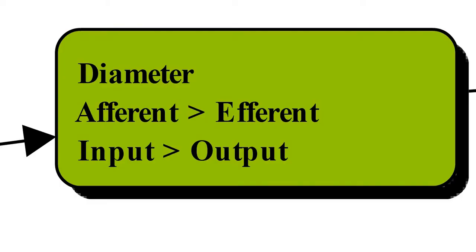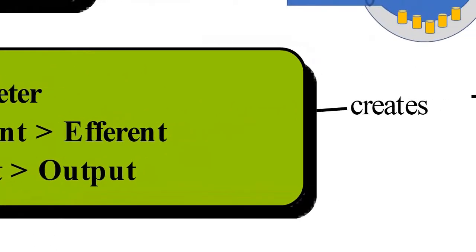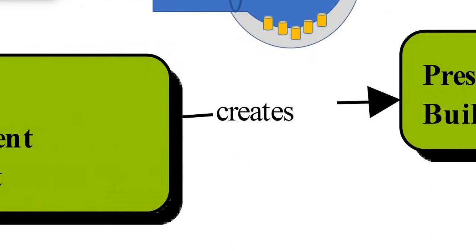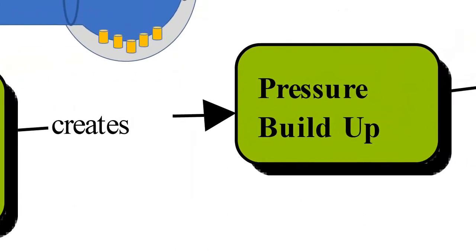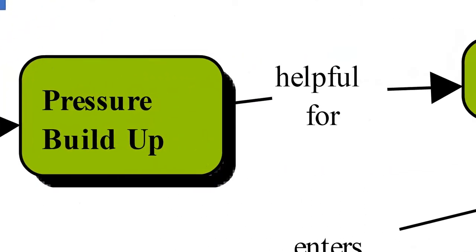So the diameter of the afferent arteriole is wider than the efferent. The amount of input is higher than the output carried away by the efferent arteriole. So that builds the pressure inside the glomerulus and that facilitates the filtration of blood in the glomerulus.